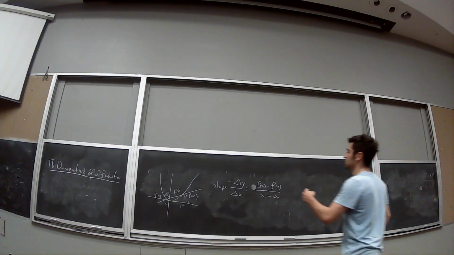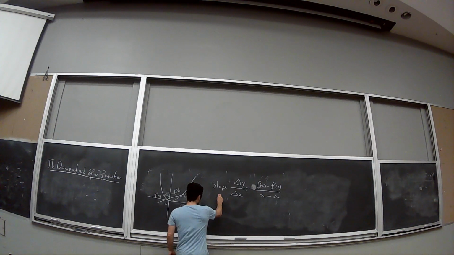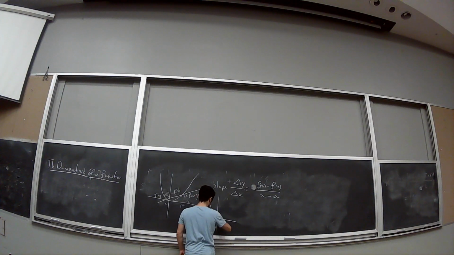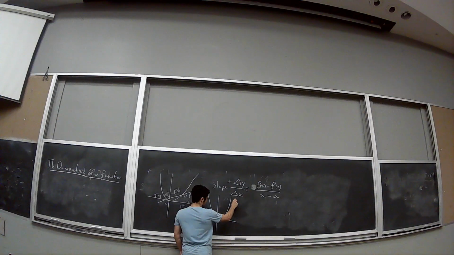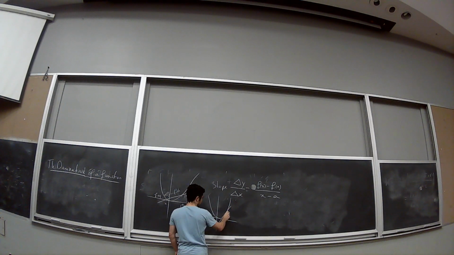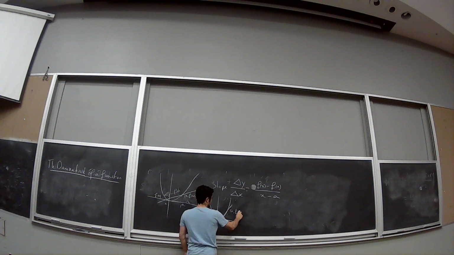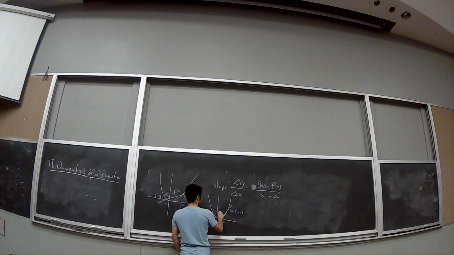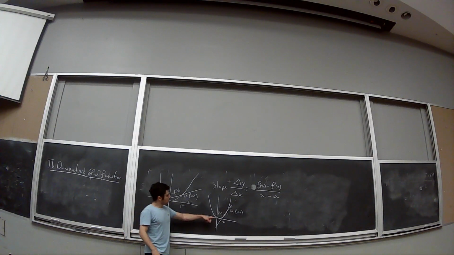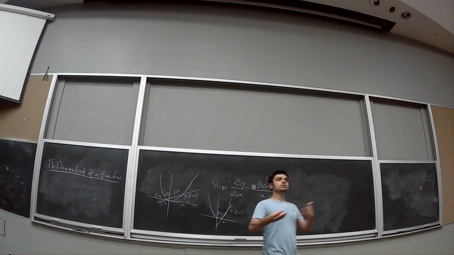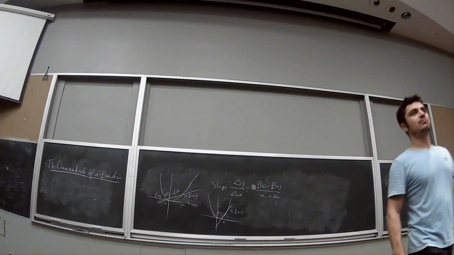Now, if x is approaching A, if x is getting close to A, what do you expect the slope of this line to be? This is the point A, f of A, and I'm letting x be closer to A. How do you expect this line to be?